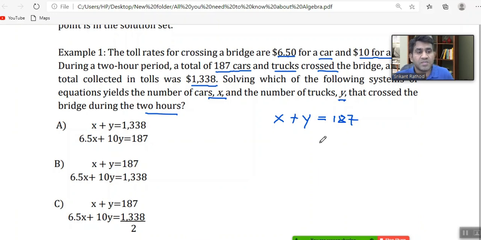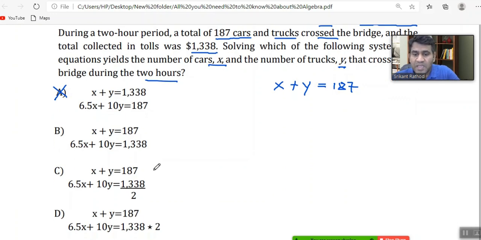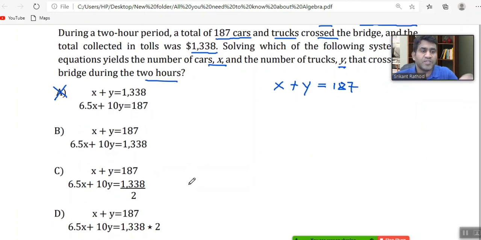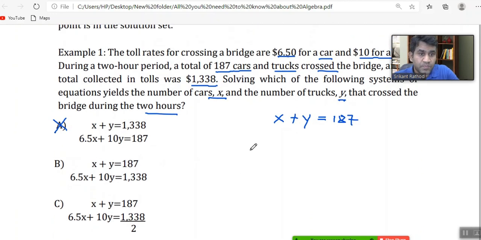That may be your answer, and where we get something else, that cannot be. Now look at the first option, x plus y is equal to 1338. This cannot be your answer. x plus y equals 187, yes, B can be, C can be, and D can also be. So I can't predict the answer based on only this step. Then I have to look at the next part as well.